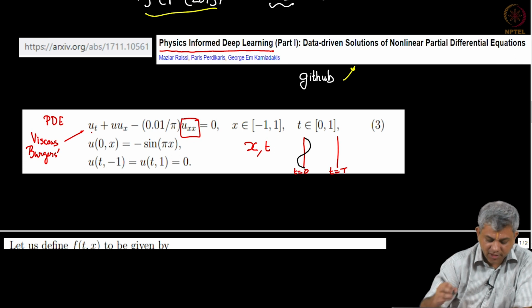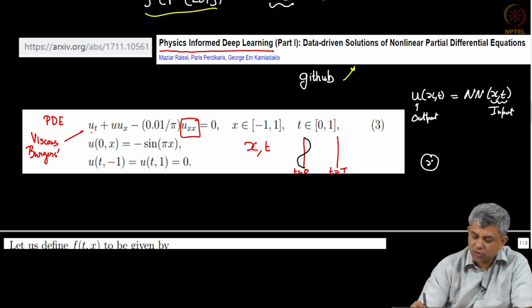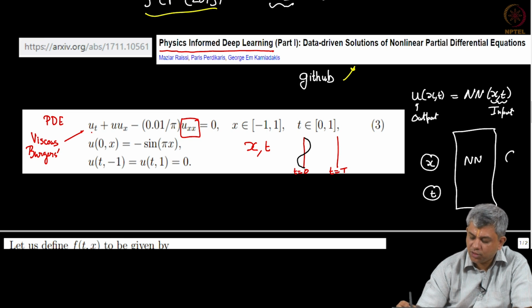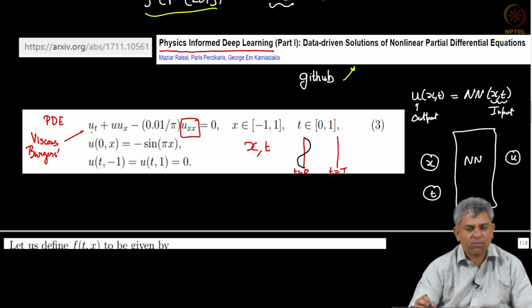Okay. The postulate is as follows: u of x comma t is a neural network that takes x and t as input and u as output. So, x, t, neural network, u. If I remember correctly, they have tried various numbers of layers and various numbers of neurons.